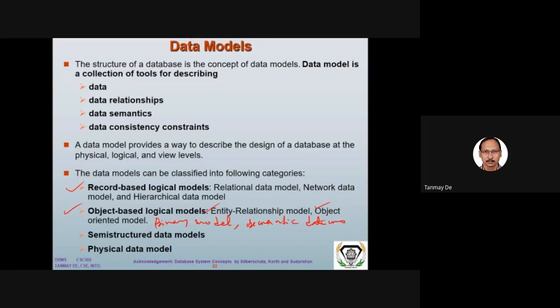There are some other object-based logical models also. The semi-structured data model is there, in between them, and the physical data model that can describe the physical level schema.